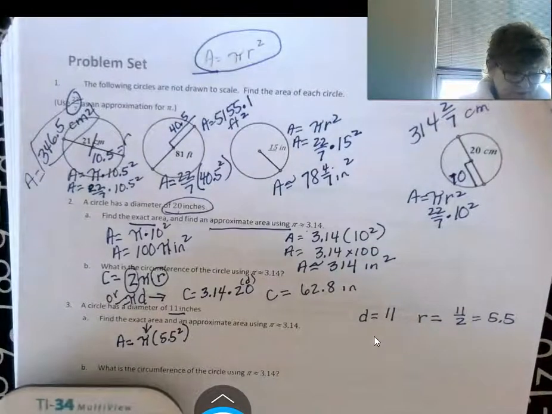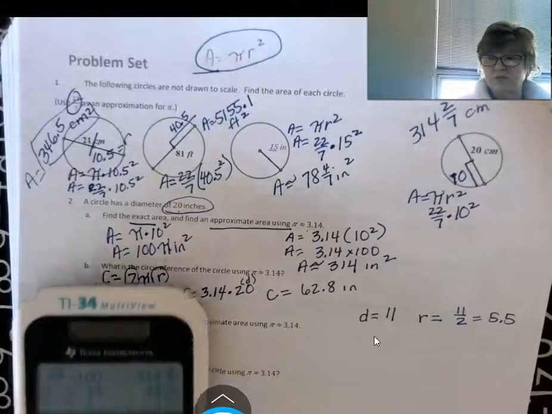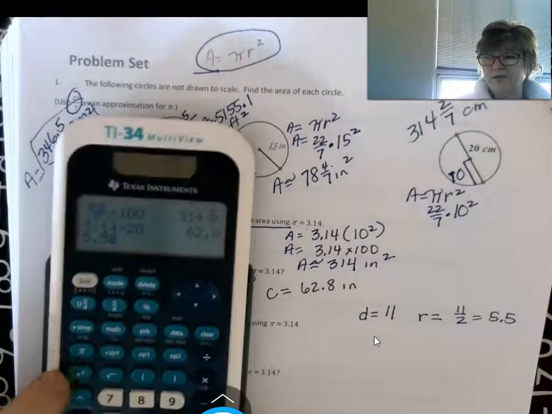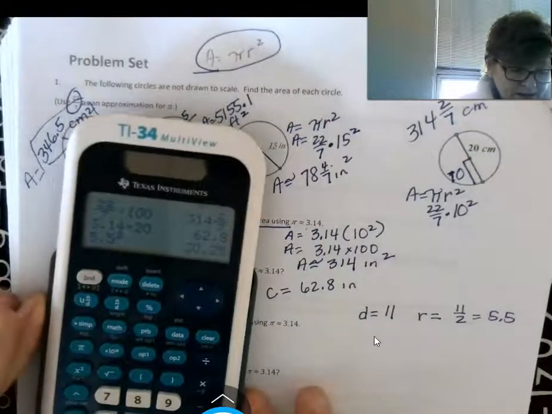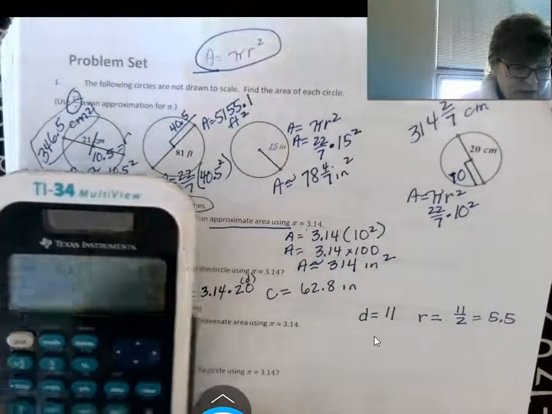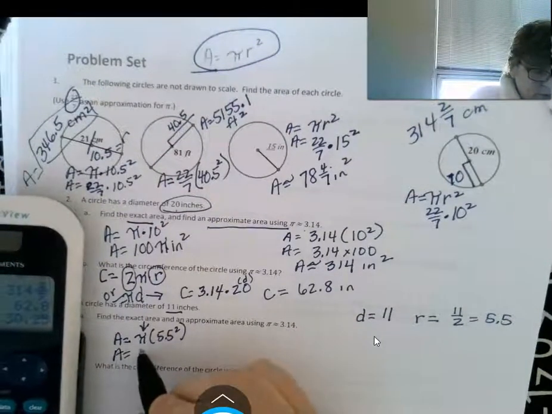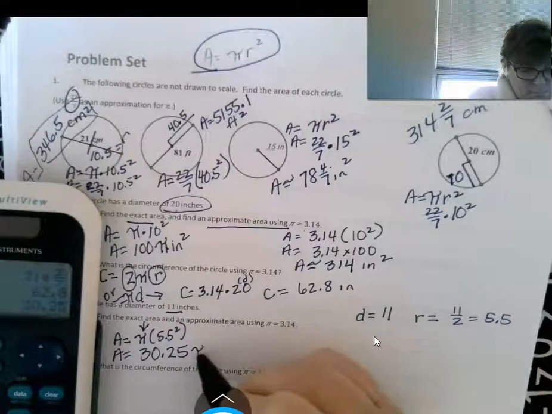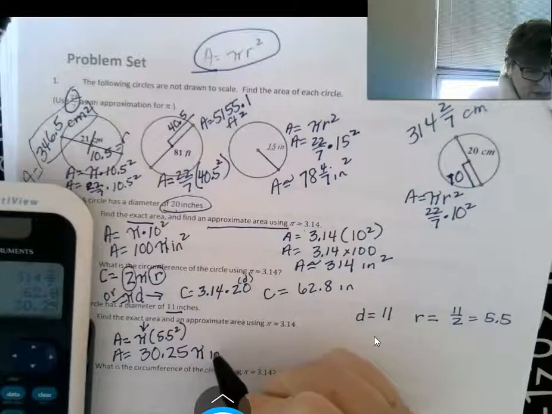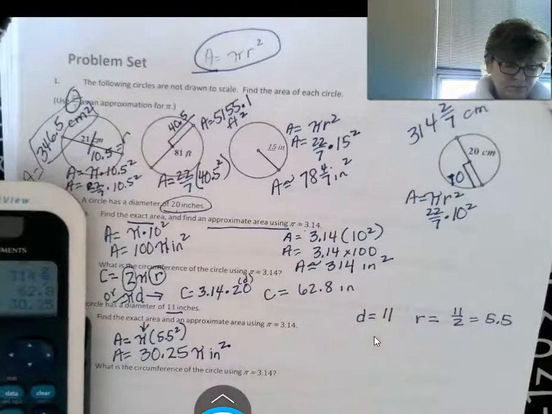So let's just do the 5.5, and you can use the square button, which is right here. That gives me a solution of 30.25. So area is equal to 30.25 pi inches squared, because it's area.